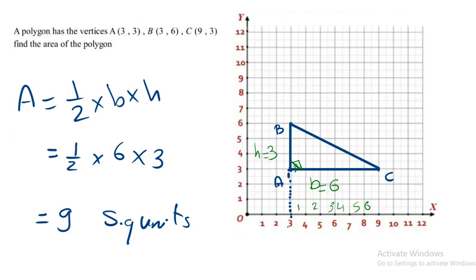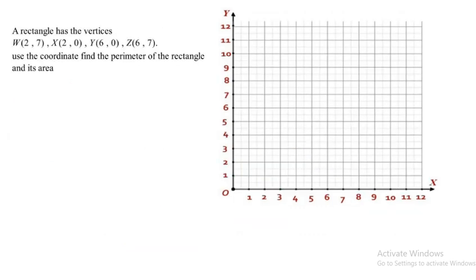Try to solve the next example yourself. A rectangle has the vertices W 2 and 7, building 2, floor 7. This is the W. Point X 2 and 0, building 2, floor 0. Point Y 6 and 0, building 6, floor 0.